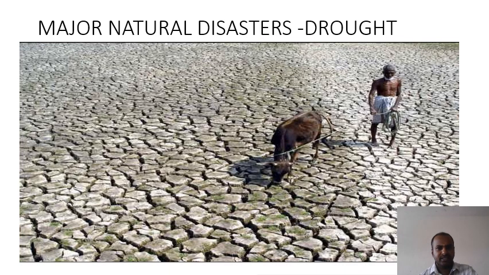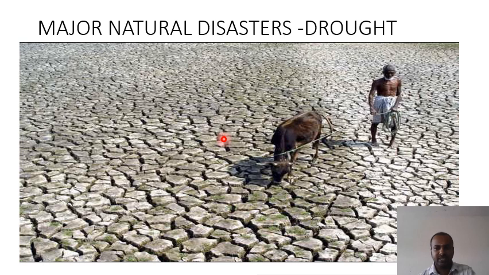Then drought. Everyone has faced drought in the agricultural field. Farmers know the conditions and problems during a drought. Drought is simple: there is no water, there is no rain on the land.